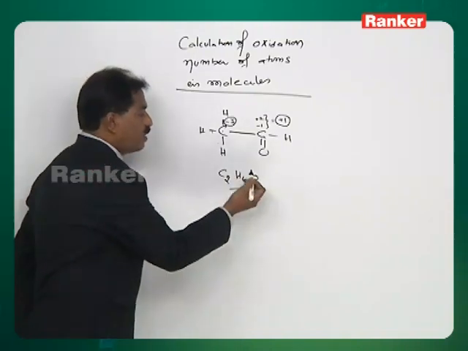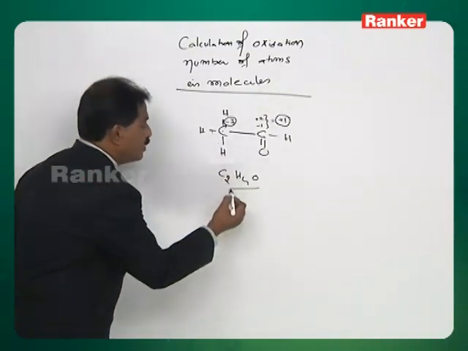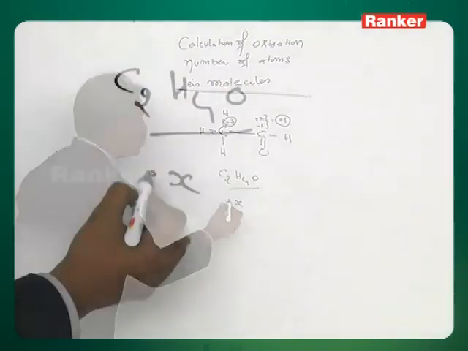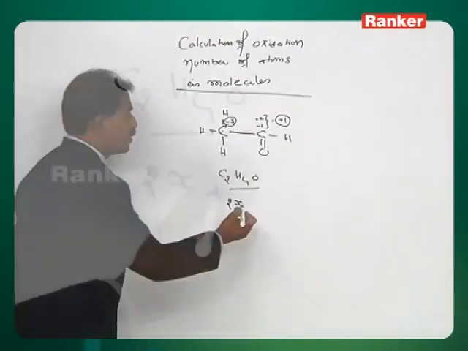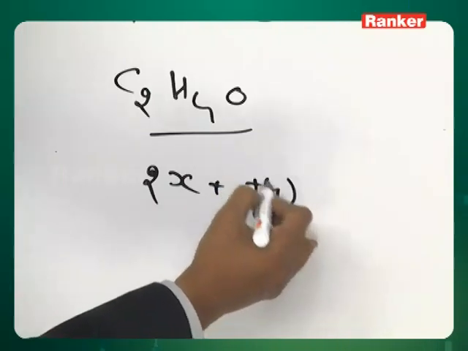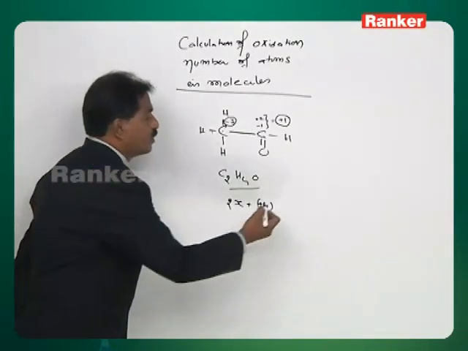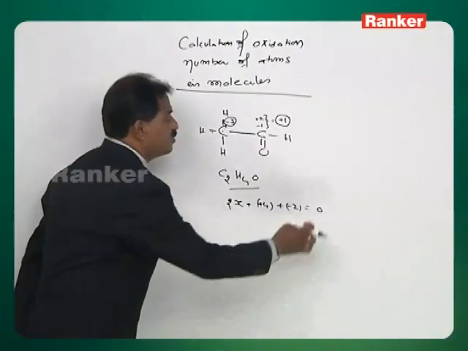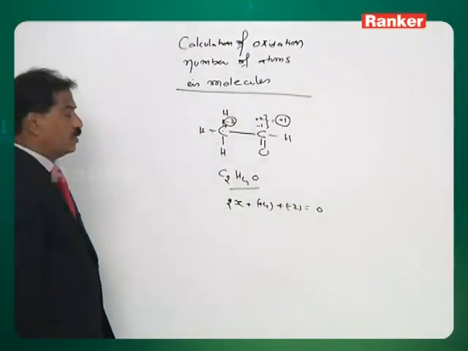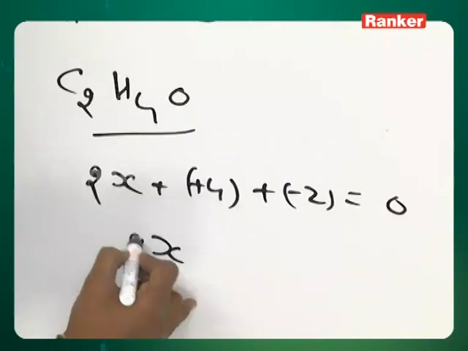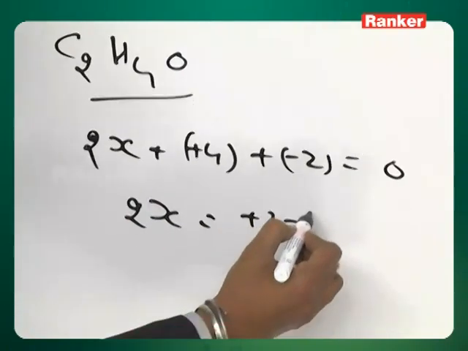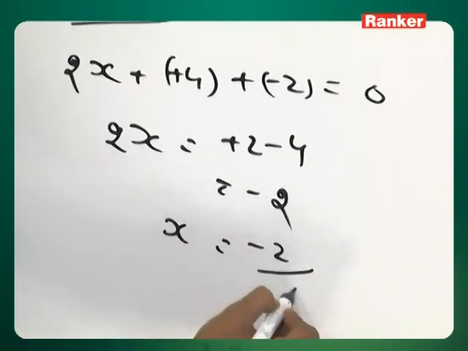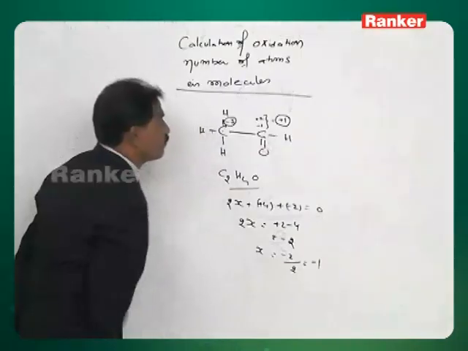So for example, according to those rules, say carbon, we don't know the oxidation state of carbon, let us say X. Next, 2 carbons are present, 2X, plus 4 hydrogens are present, so +4, plus -2. The sum of the oxidation states in a neutral molecule is always equal to 0. Therefore, 2X is equal to +2 -4, therefore -2. So X is equal to -2 by 2, so -1.